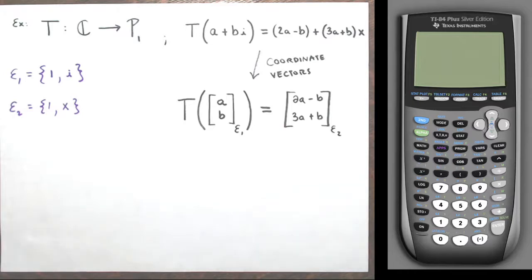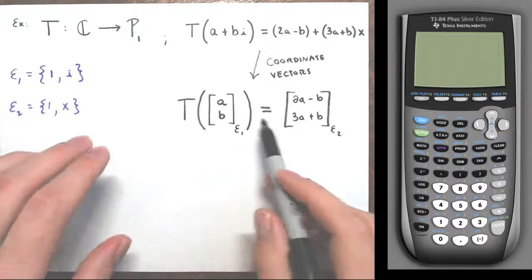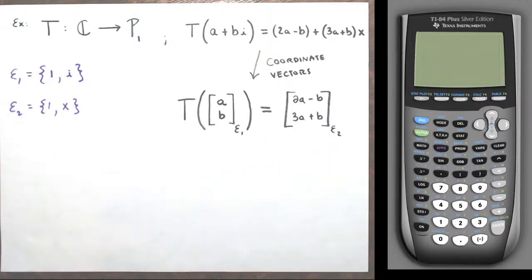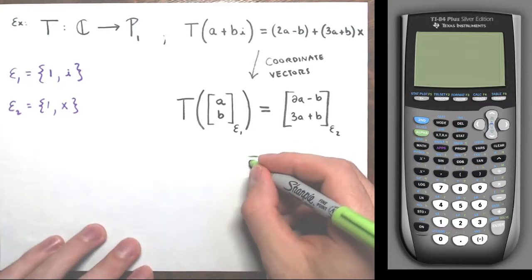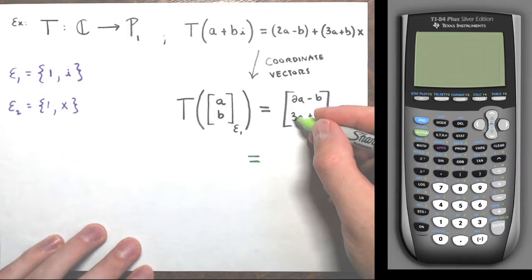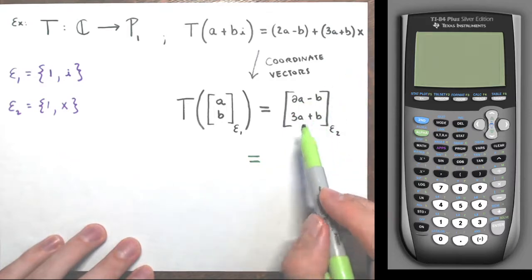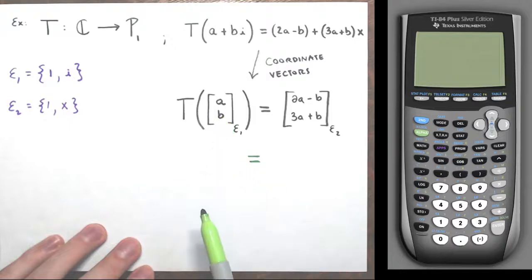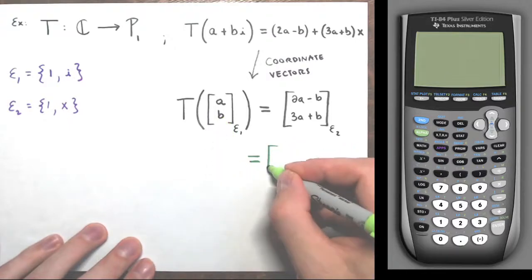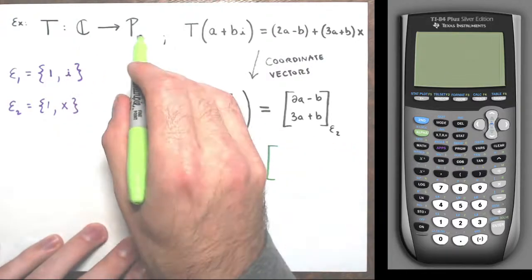And then just like those R2 to R2 transformations, I've already been told this is linear. You could show it's linear, show the additivity and homogeneity properties. I should be able to express this output coordinate vector as a matrix multiplied by the input coordinate vector. Again, it'll be a 2 by 2, the dimension of the codomain by the dimension of the domain.